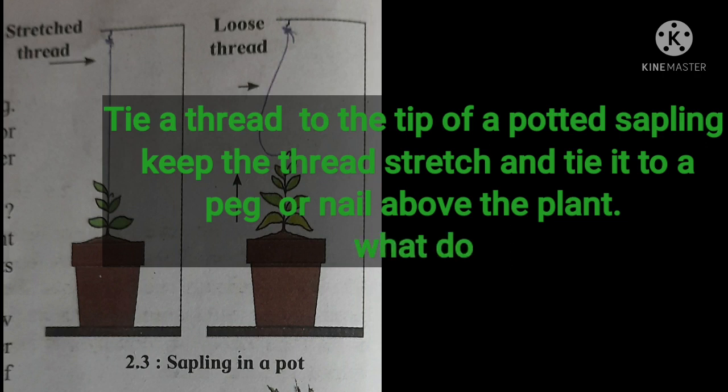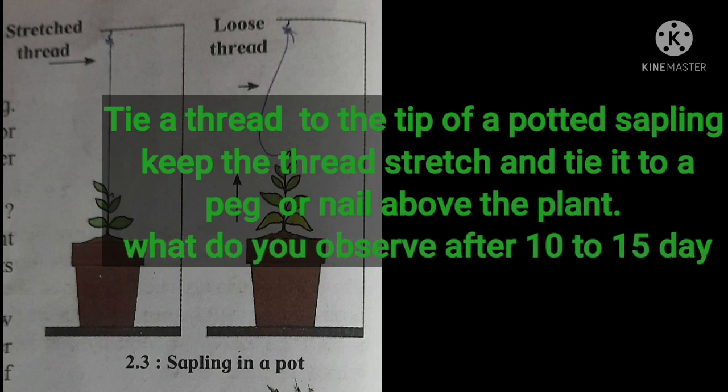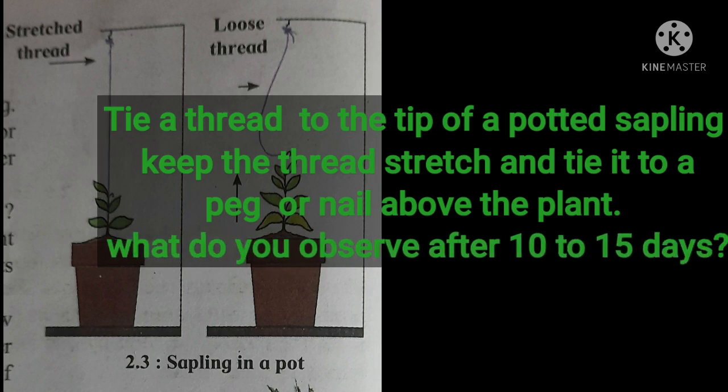What do you observe after 10 to 15 days? So do the experiment. Take two pots with saplings, tie a thread to the tip of a potted sapling, keep the thread stretched and tie it to a peg or nail above the plant.